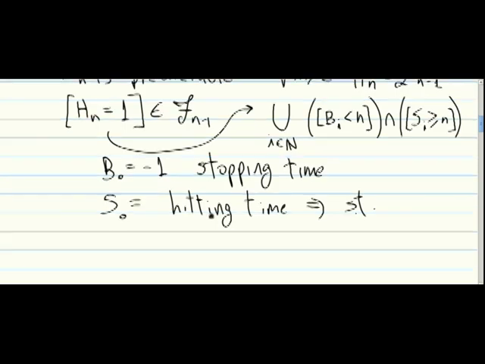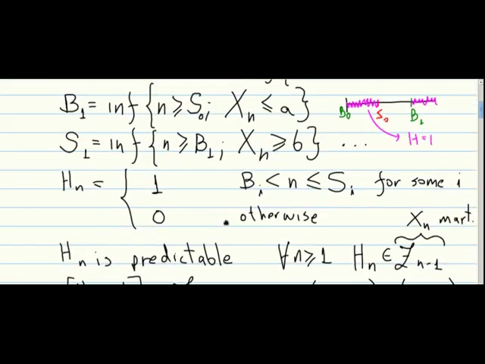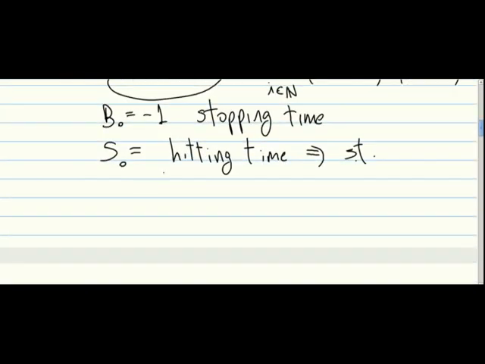Great. So I'm not going to give the full proof here, but the same way as we proved that every hitting time is a stopping time, we can see that these hitting times that happen after a stopping time are also stopping times. So, this is an exercise: prove that Si and Bi are stopping times for every i.